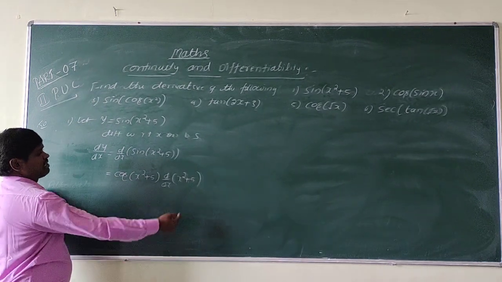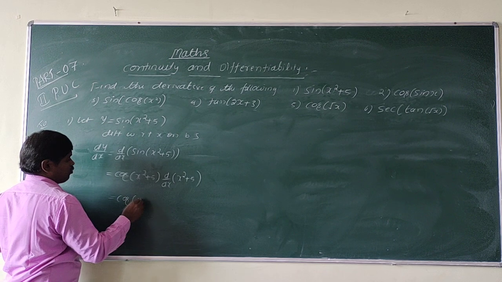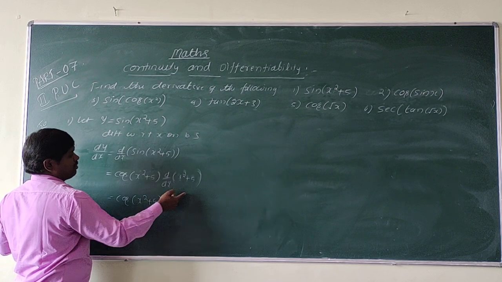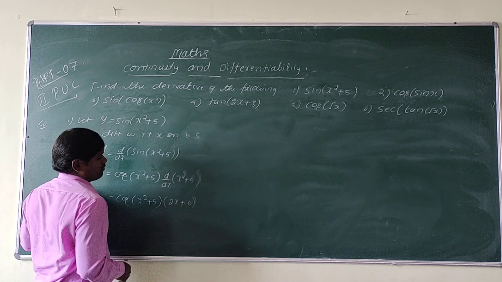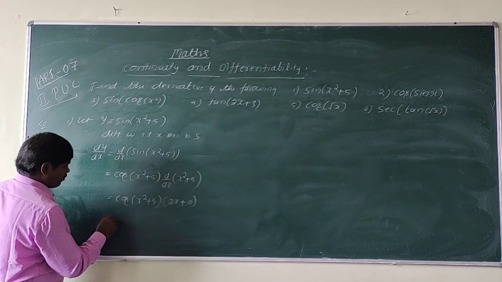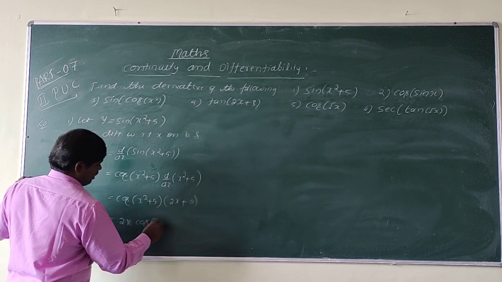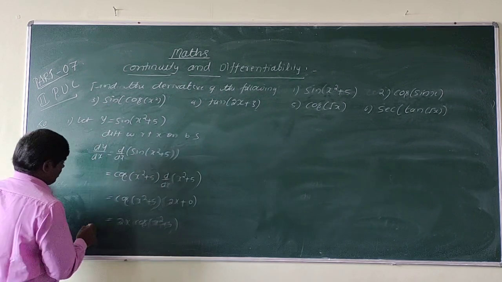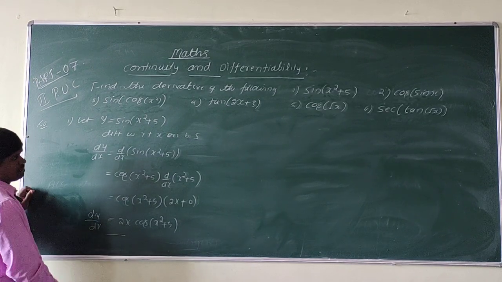So that is cos of x square plus 5 into the differentiation of this, which is 2x plus 0. Differentiation of a constant is 0. Therefore this is 2x into cos of x square plus 5. So this is the derivative of the given function, dy by dx.